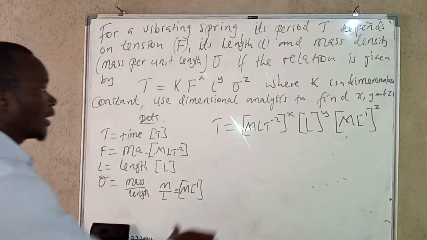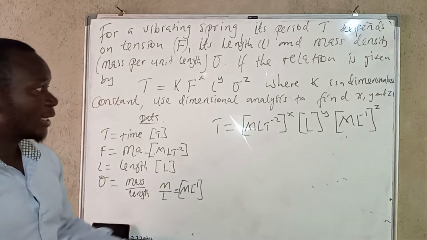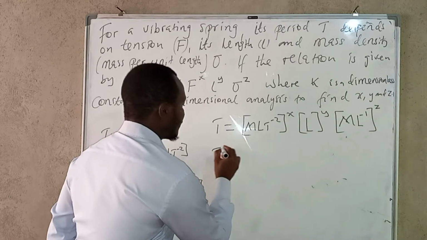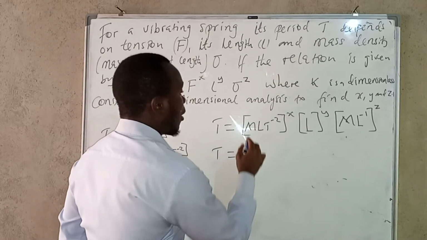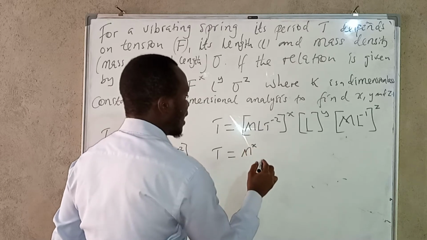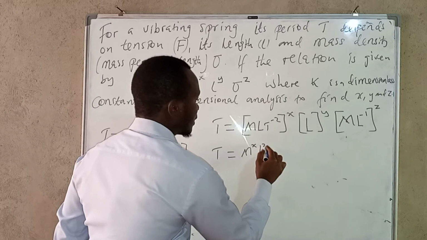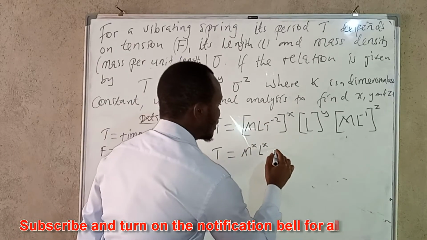From this, we can now do some mathematics. Raised to the power 1 times X, we have T, which is equal to M raised to the power 1 times X, it will be M^X. L raised to the power 1 times X, it is L^X, and T to the power -2X.